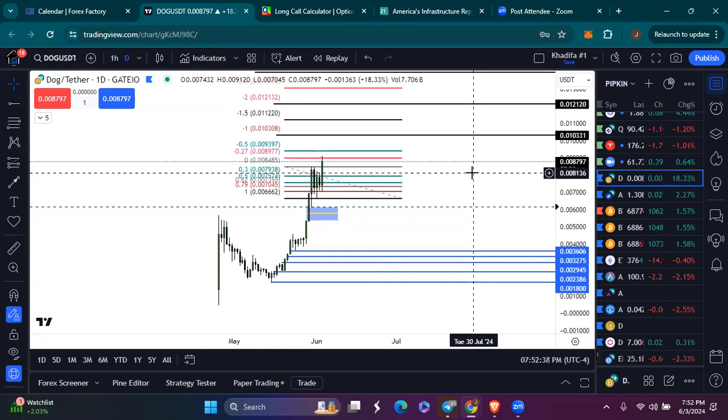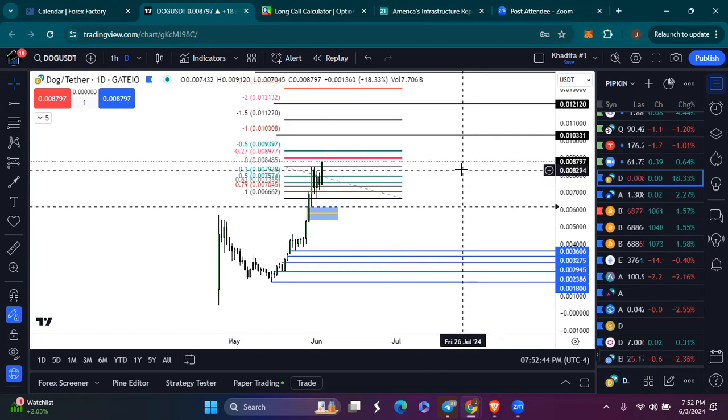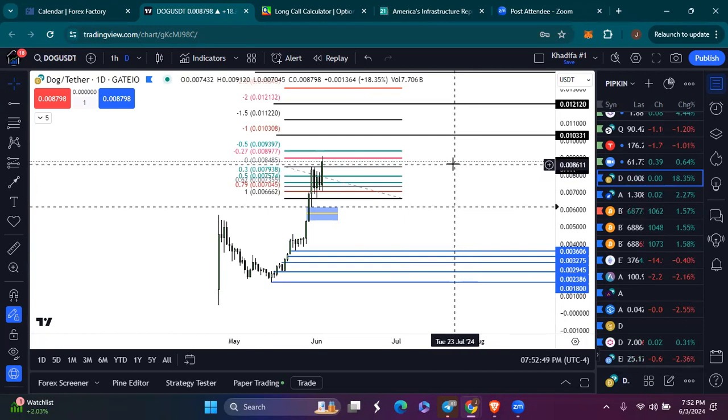So I'm going to start scaling out of my positions at 70%, and I'm going to scale out all the way up to 90 cents, and then I'm going to leave just a little bit in, probably about 10 or 15% of my total holdings, meaning I would have cashed out 85% of my total holdings at this time.